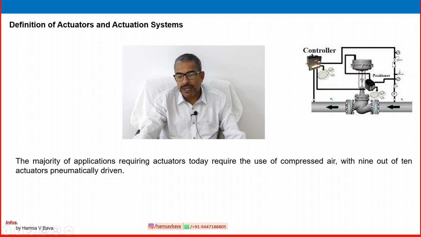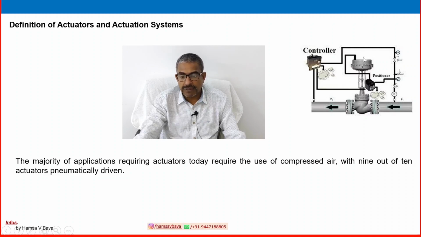If the electronic controller is there, it will produce an electronic output that will go to the transducer, and to the transducer we also provide a separate compressed air input, and the proportionate output in the form of an air signal goes to the positioner, then to the actuator. But actually we are not discussing the positioner today.